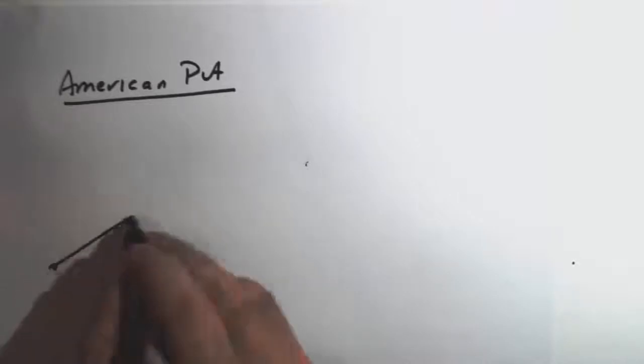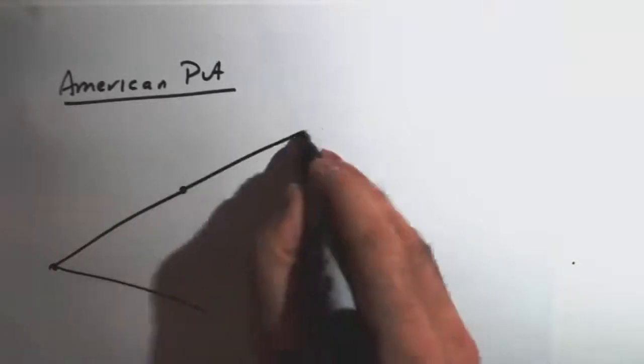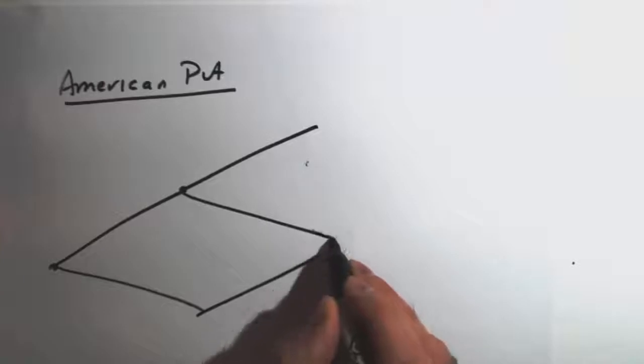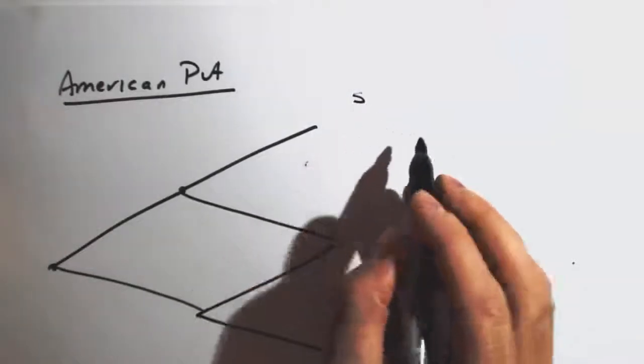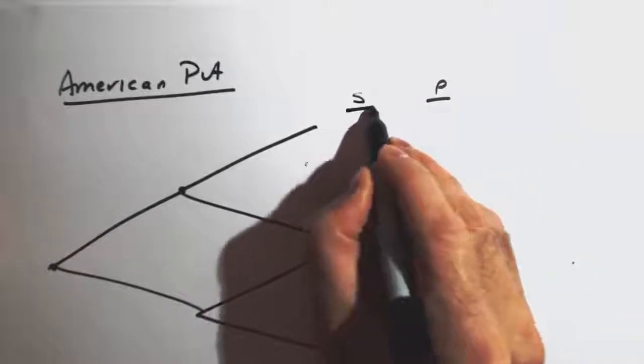Now, let's move on to the American put. We're going to use the same setup as before. So let me draw the lattice work, making sure it's recombining. We're going to have a stock price, and a put price at the end.